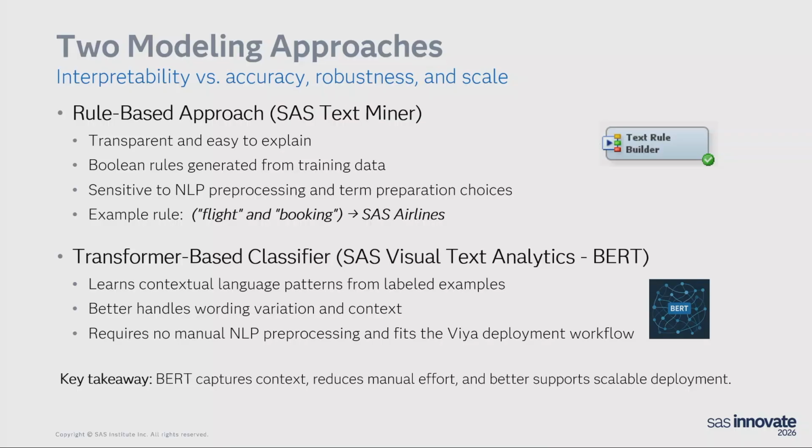One blessing from using this model for me is I don't have to worry about the NLP pre-processing, because it will just take care of the word variations and context itself. Another advantage is you can deploy the model into a Viya workflow, which is our plan as a broader picture for the decisioning workflow.